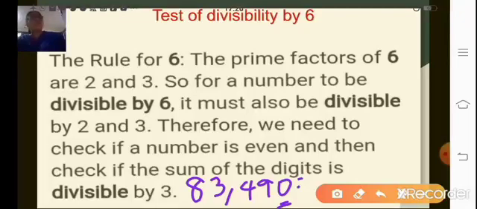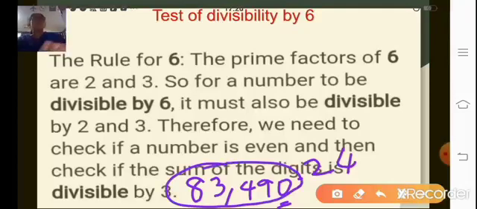Now this 24 is divisible by 3. Correct? That means this number is also divisible by 6. If a number is divisible by 2 and if a number is divisible by 3, that means that particular number is also divisible by 6. Okay?